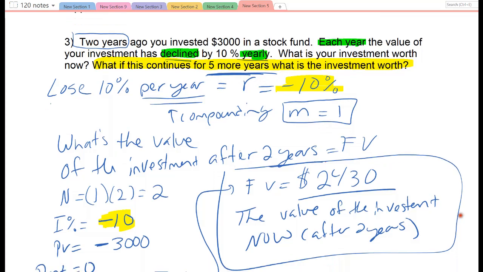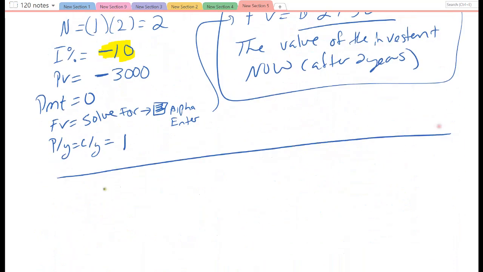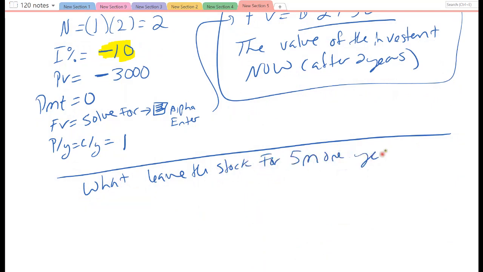Well, there's a catch to this. What if you leave the stock for 5 more years and it has the same pattern and you still lose 10% per year?